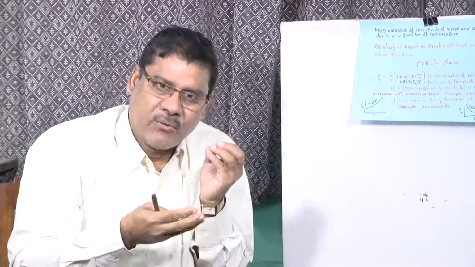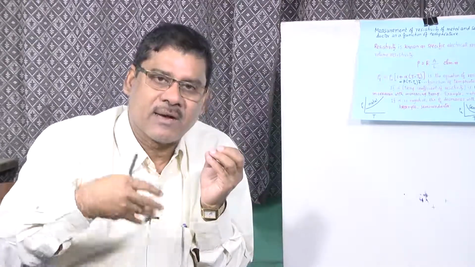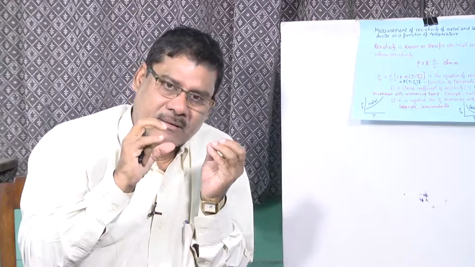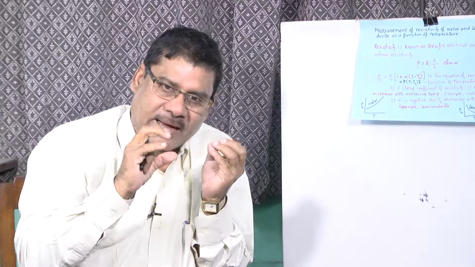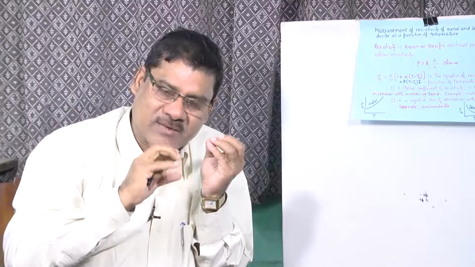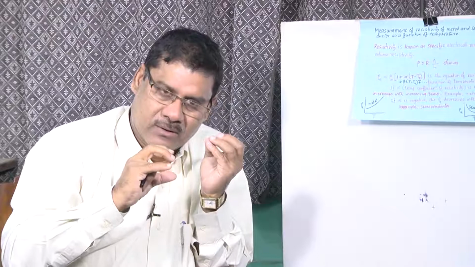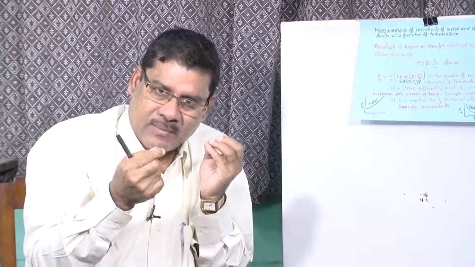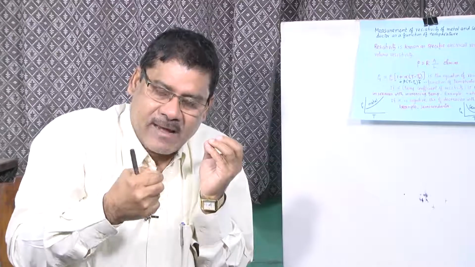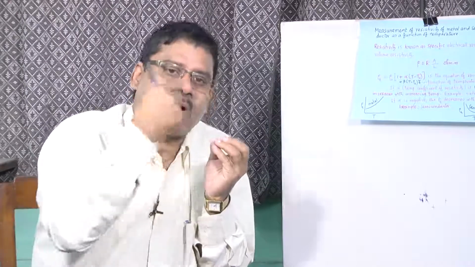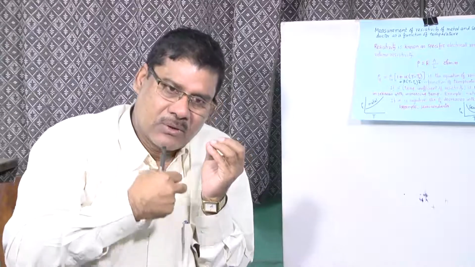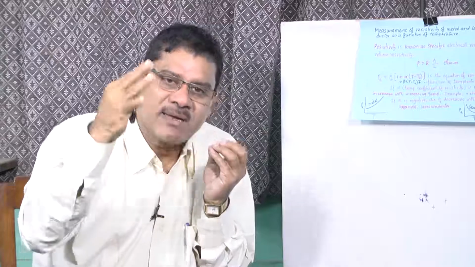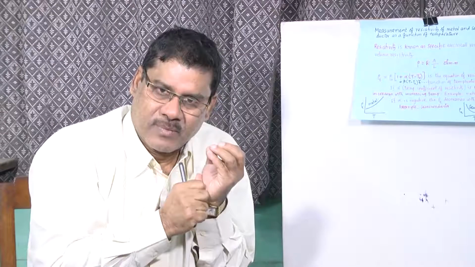When you increase the temperature of the semiconductor, what happens? The electrons from the valence band will break the covalent bonds due to this thermal energy, and will jump to the conduction band. So, now carriers are available in the conduction band to participate in conduction. Okay.